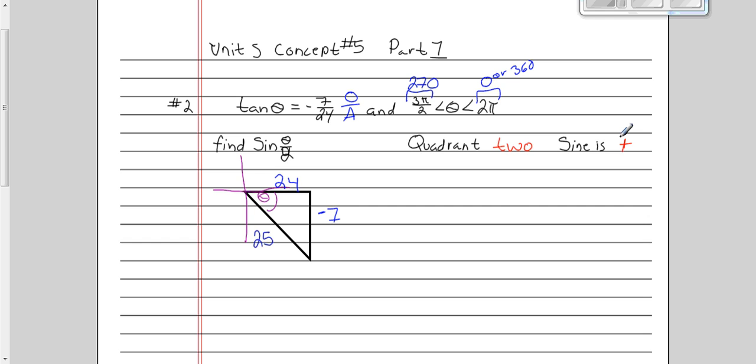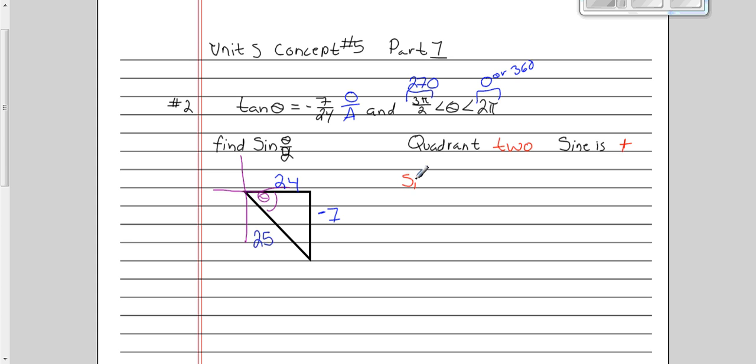Remember, we're still looking at that u over 2, or in this case, theta over 2, where that angle is in the quadrant. And sine's positive there, so now we just use our sine formula for the half angle.